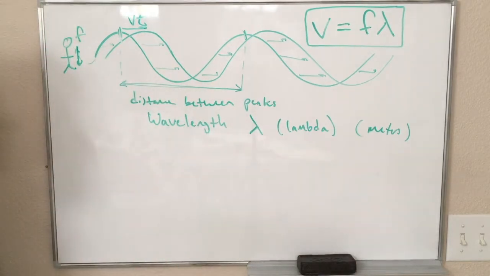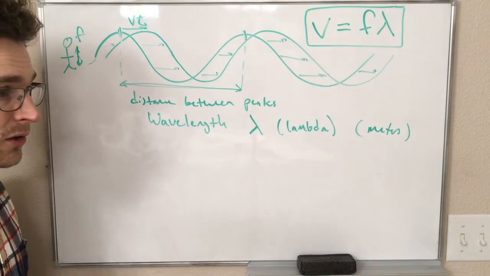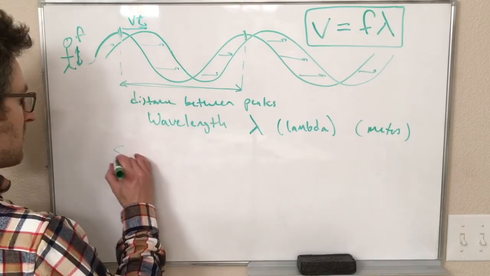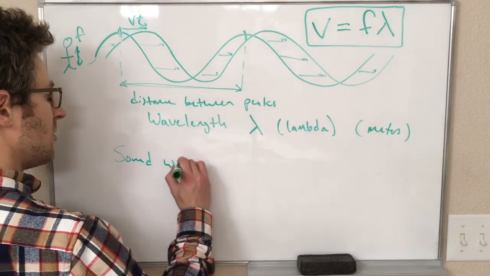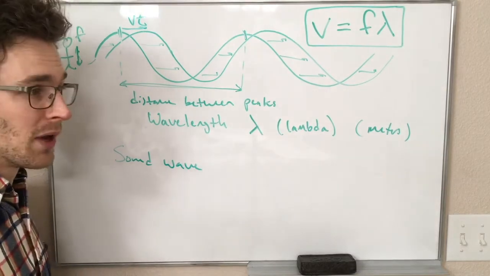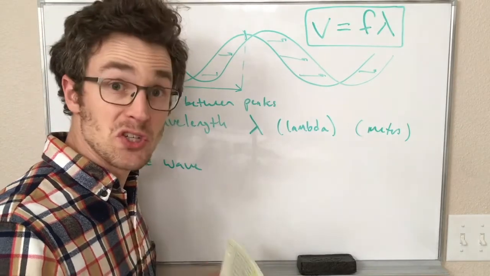And this relationship between wavelength and frequency turns out to be important. So different waves can have different properties depending on their wavelength or frequency. So for example, just as an example, a sound wave can have different frequencies. And those frequencies, in terms of what we hear, correspond to different pitches.